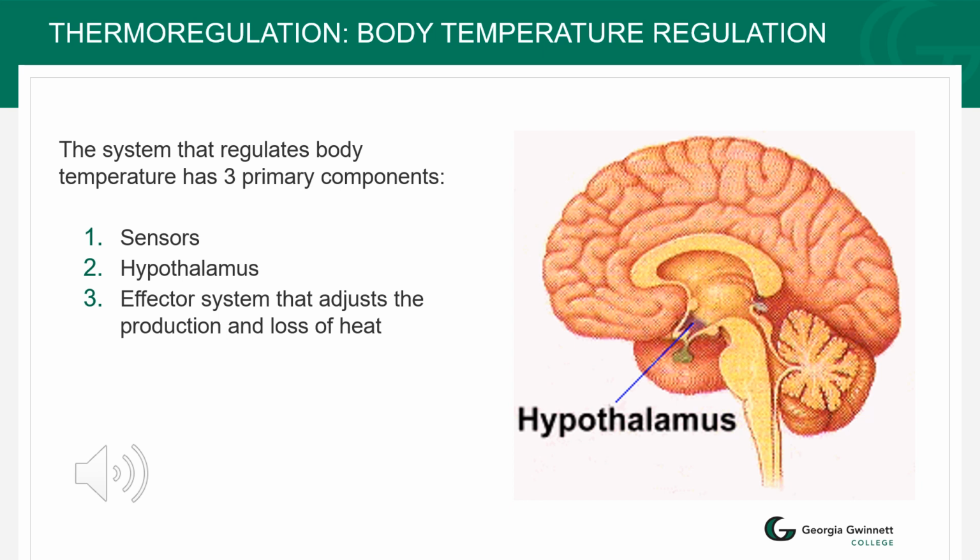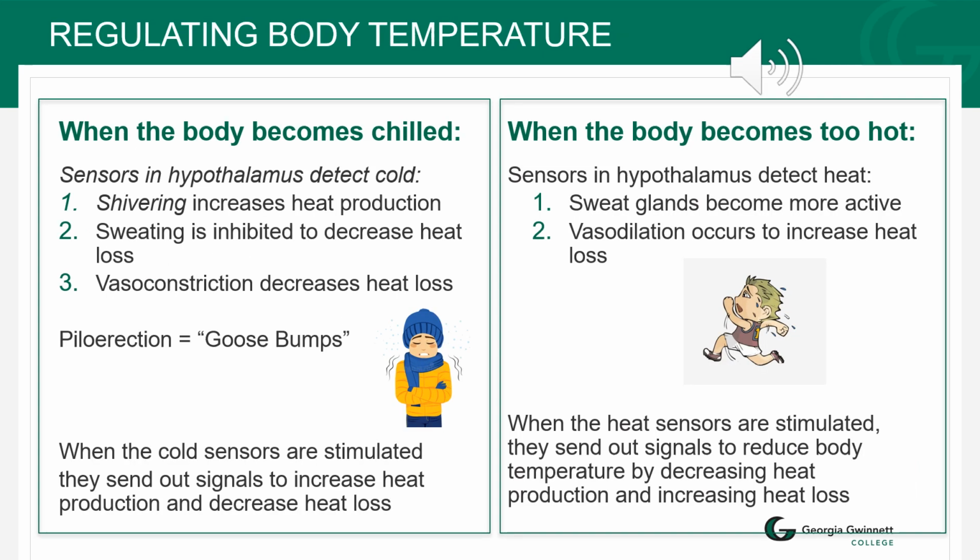Most of those sensors or sensory receptors are in the skin. And the skin has more receptors for cold than warmth. So the skin can detect cold a little bit more efficiently than it can detect warmth.